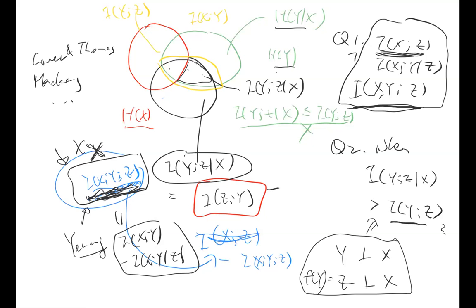What do you mean by intersection? From the Venn diagram, we can see that the three variables' information is overlapping.